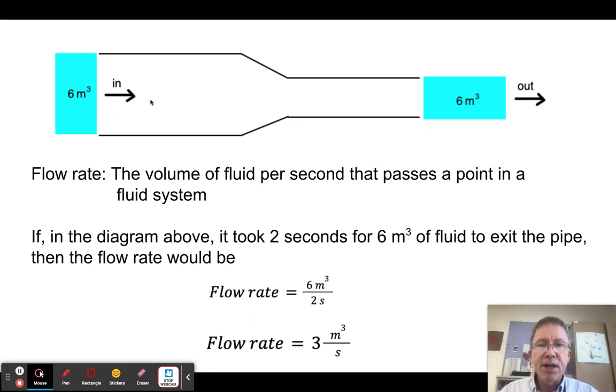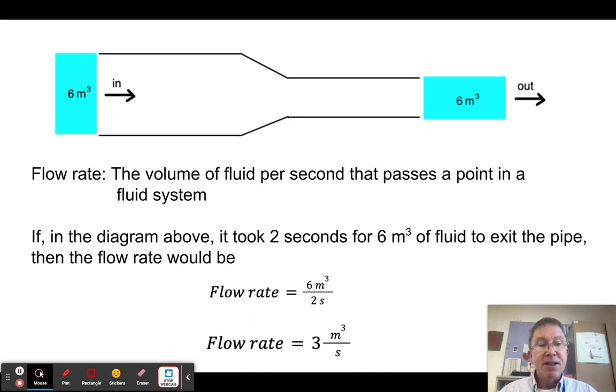Well, then my flow rate would be 6 cubic meters per 2 seconds, or in other words, 3 cubic meters per second. Every second, 3 cubic meters of material is going to move into and therefore out of this system, or past any given point in here. In 1 second, 3 cubic meters will go by.